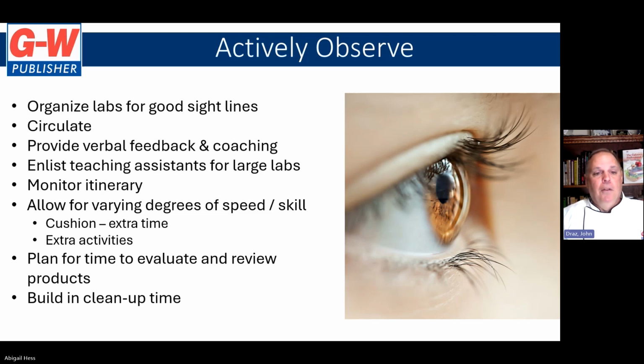You don't want to get into a long discussion, but little verbal feedback like, oh, really good job browning the chicken, or we need to work on practicing your knife cuts because they're not that great, or here, you should turn down the flame a little bit, your pan's getting too hot. That little bit of coaching is important in interaction with the students and bringing them along.